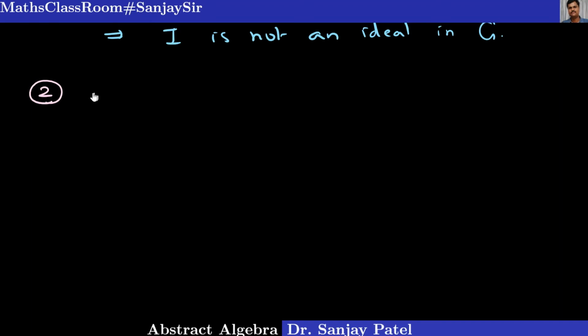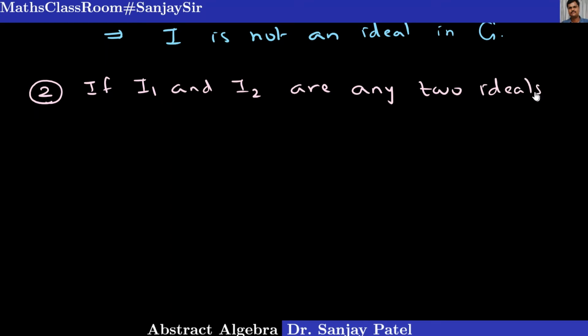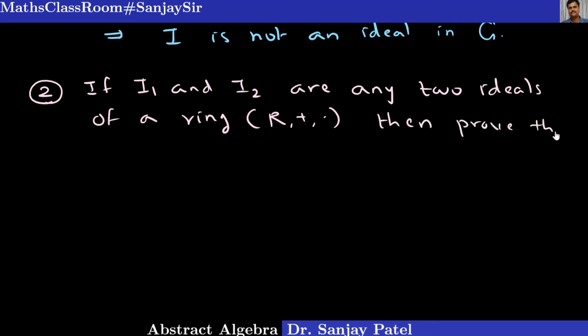And this follows in this new example, that if I1 and I2 are any two ideals of a ring R plus dot, then prove that I1 intersection I2 is also an ideal.